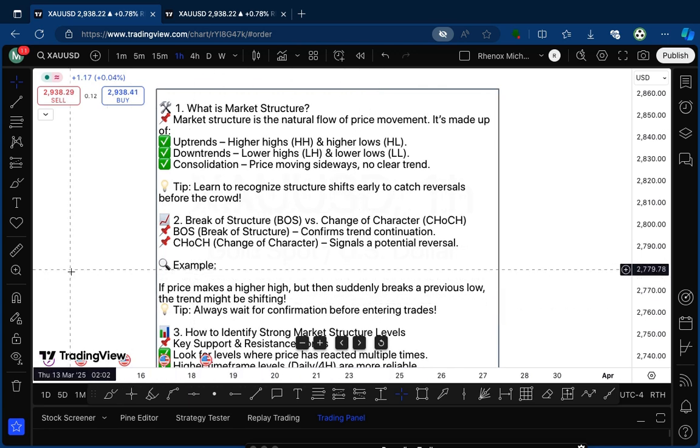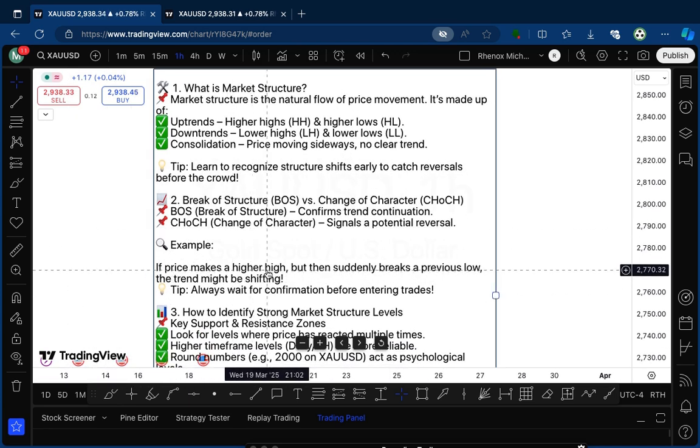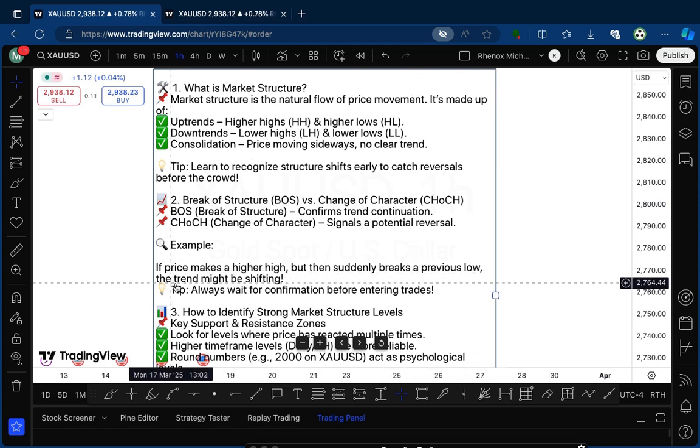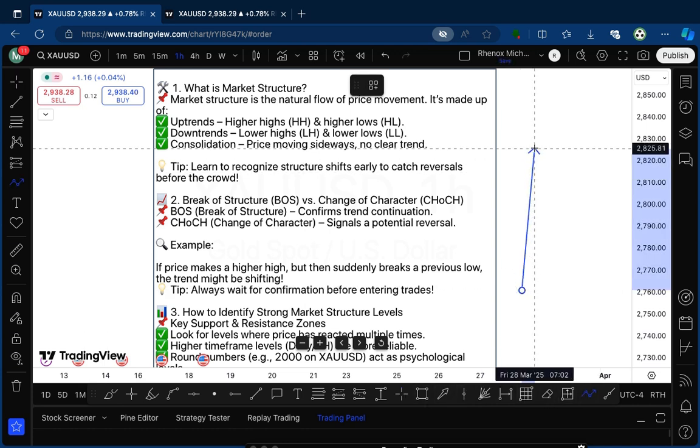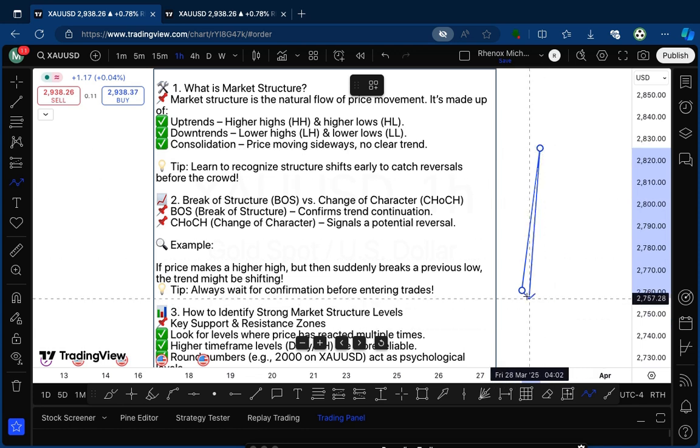Now, for example, if price makes a higher high but then suddenly breaks a previous low, the trend might be shifting. This was the previous low.